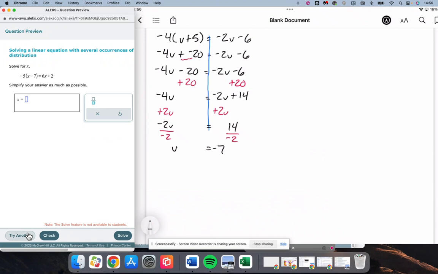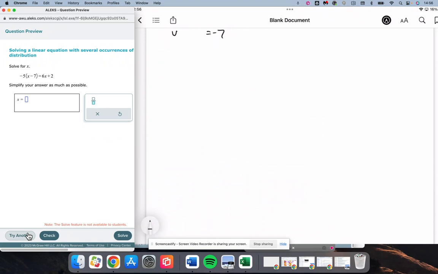On to the next. We've got -5 times x minus 7 is equal to 6x plus 2. So distributive property on the left, -5x plus 35 is equal to 6x plus 2.